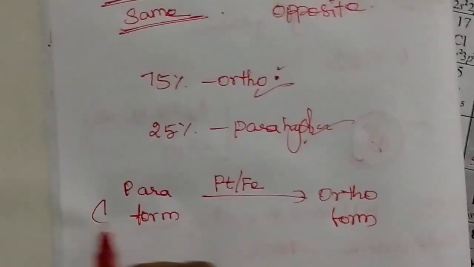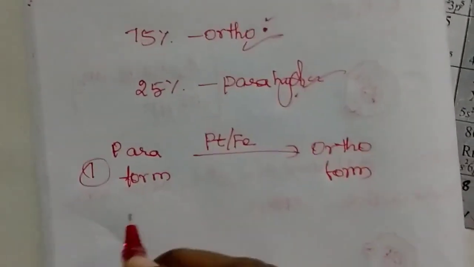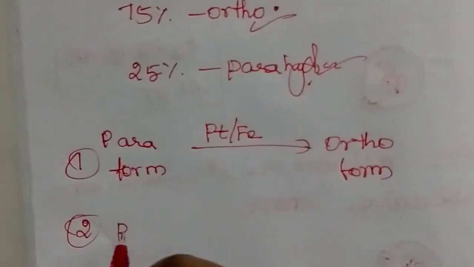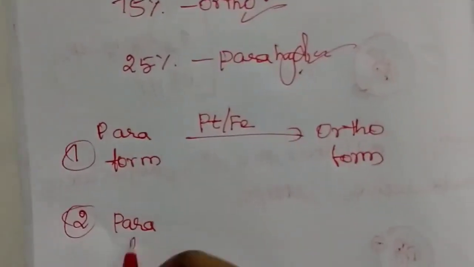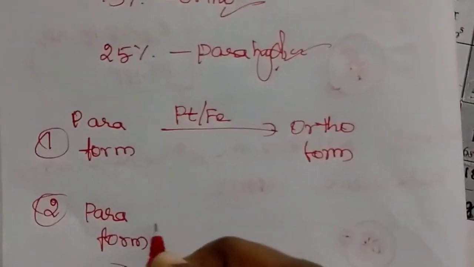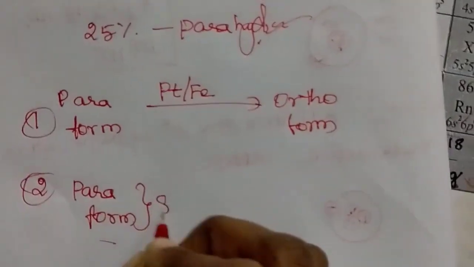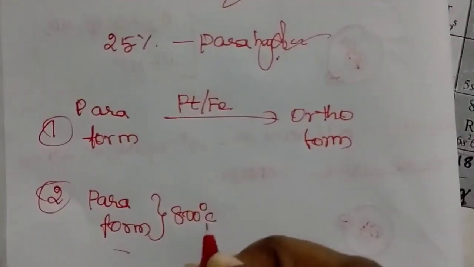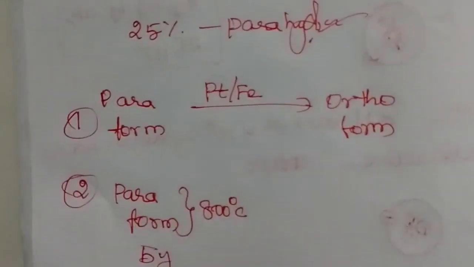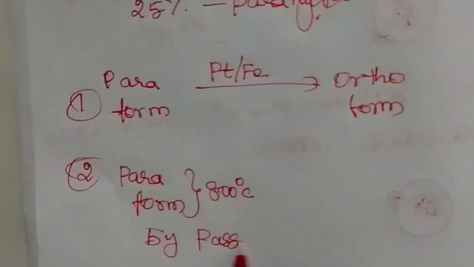This is one way to convert paraform into orthoform. In the second way, para-hydrogen, or paraform, is heated above 800 degrees Celsius by passing an electric charge.